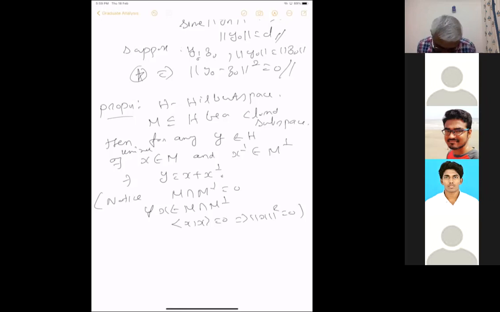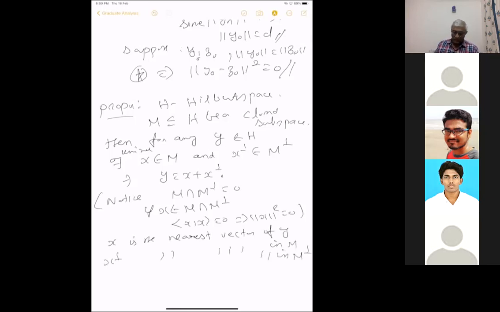You have two orthogonal vectors such that y equals x plus x perp. Further, x is the nearest vector of y in M, and x perp is the nearest vector of y in M perp.